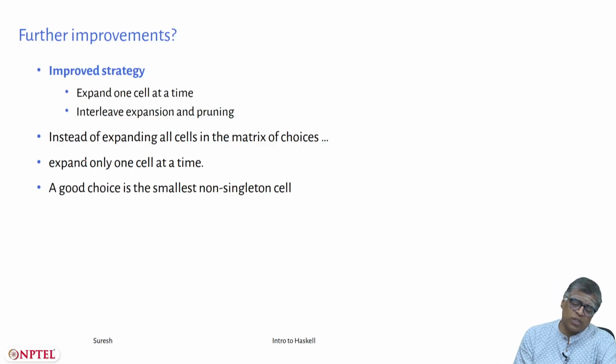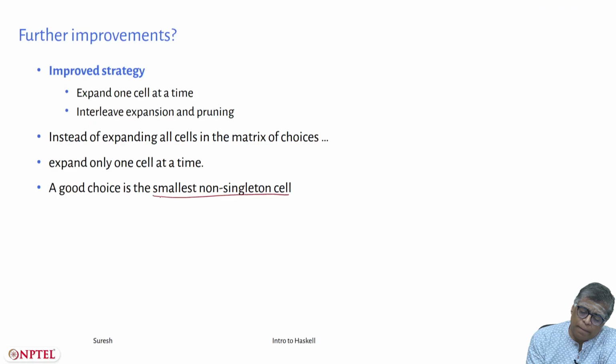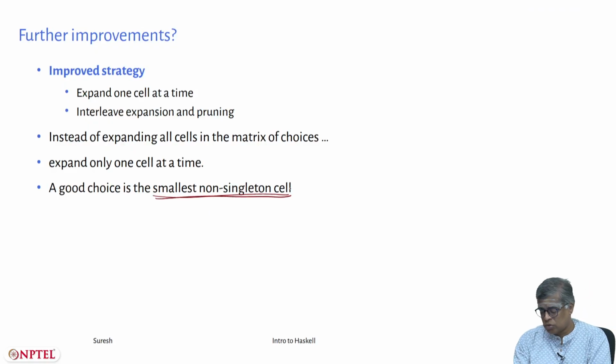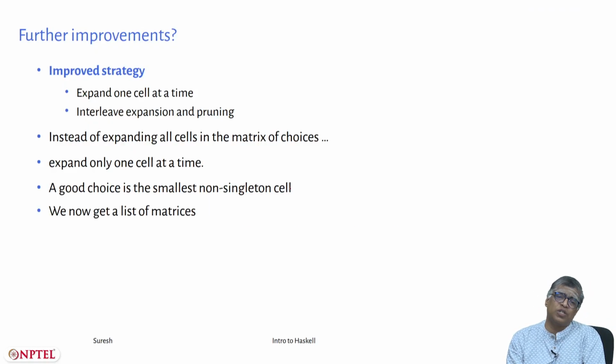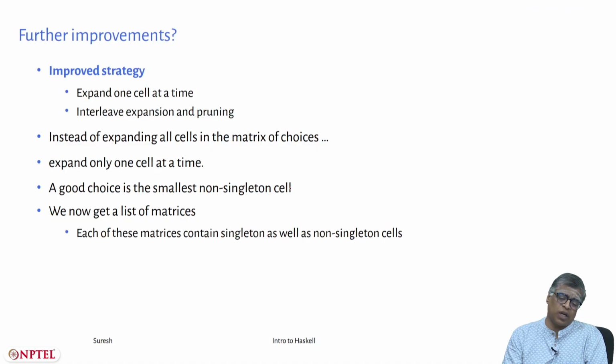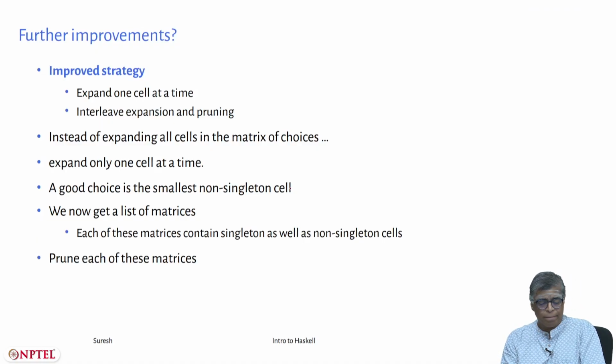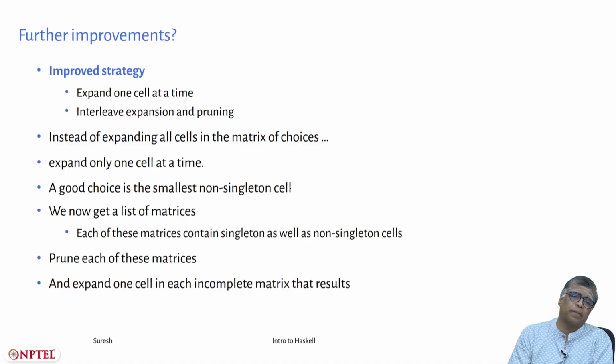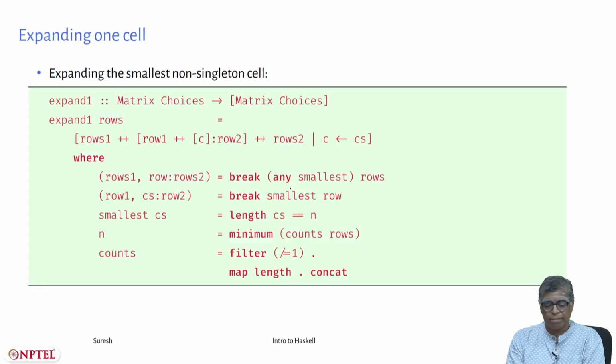A good choice for this is the smallest non-singleton cell. So you now get a list of matrices. Each of these matrices contains singleton as well as non-singleton cells. Prune each of these matrices and expand one cell in each incomplete matrix that results. And this is the overall solution.